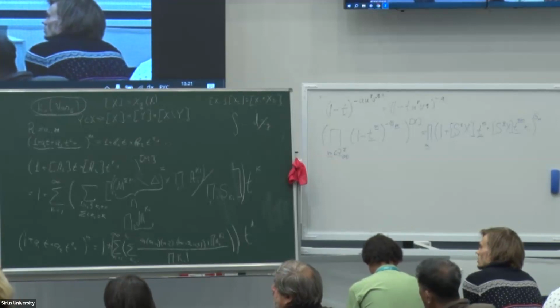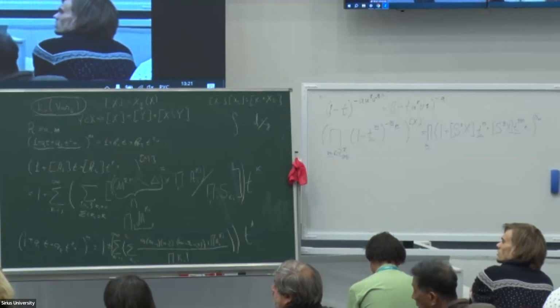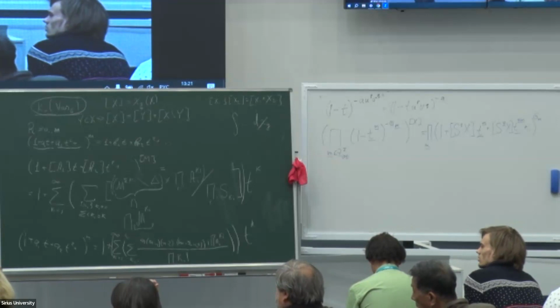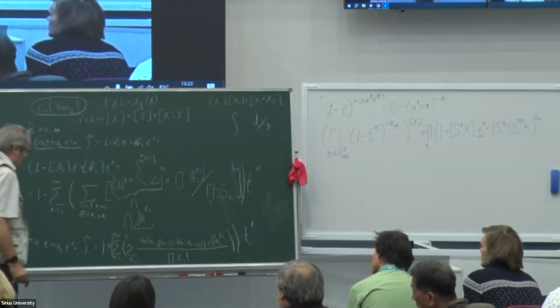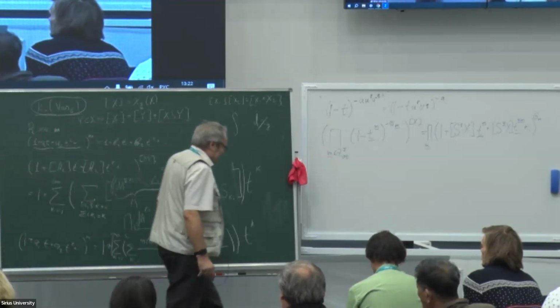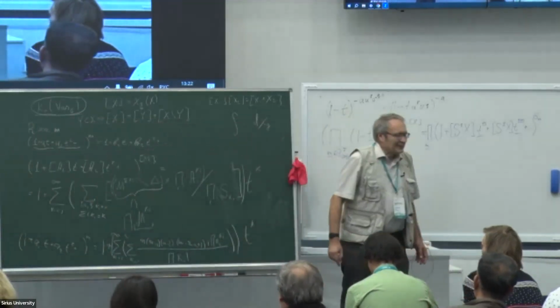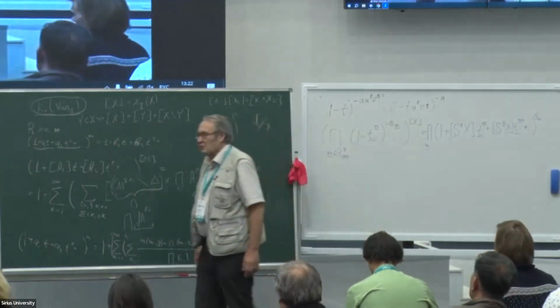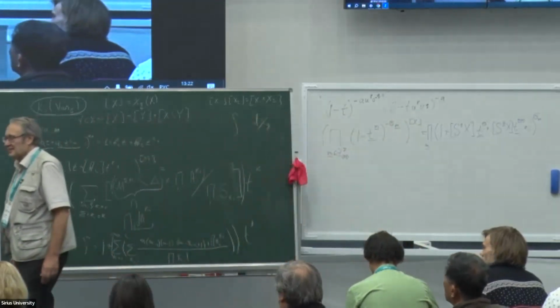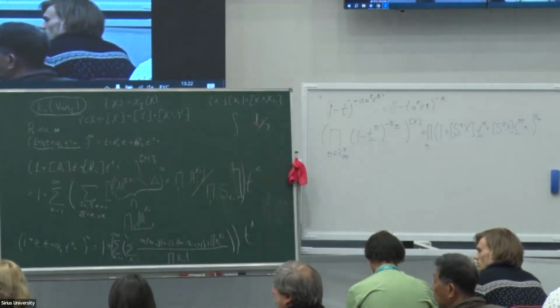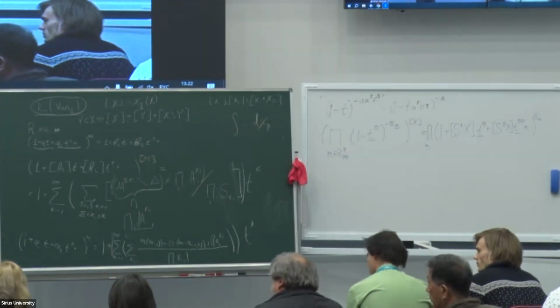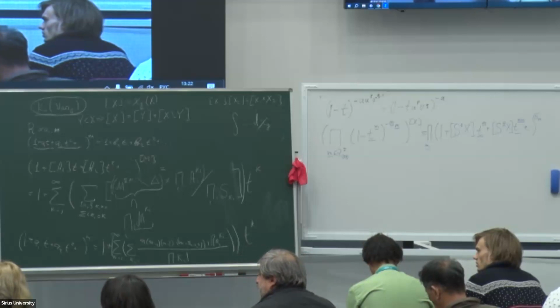Well, yeah, Adams power operations are particular cases of this power structure with the multiplicative formal group law. There is a paper with Gorsky which describes the relation with Adams operations.